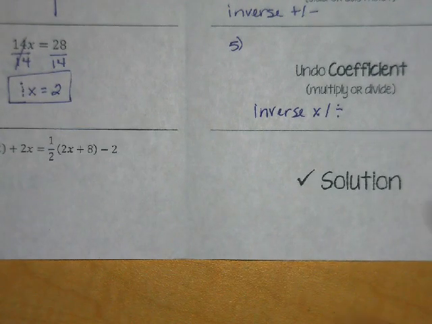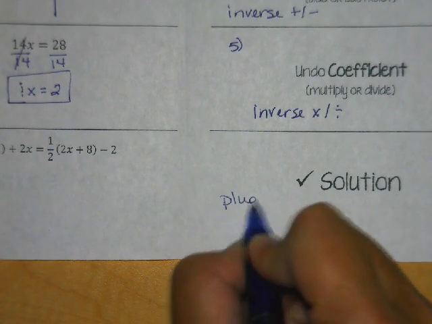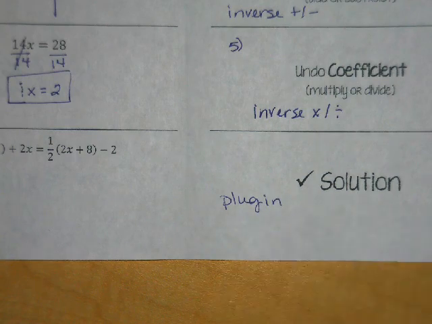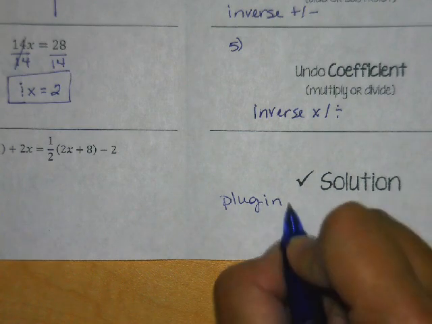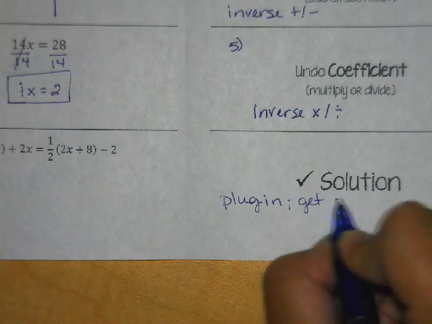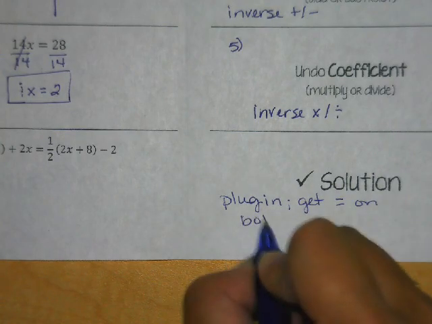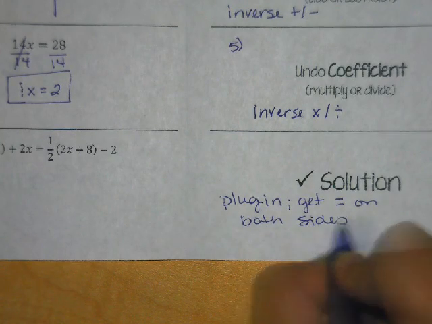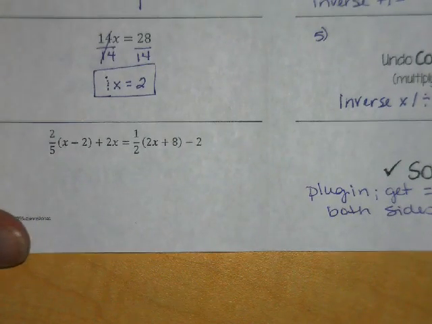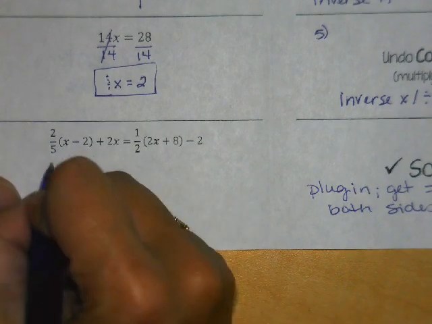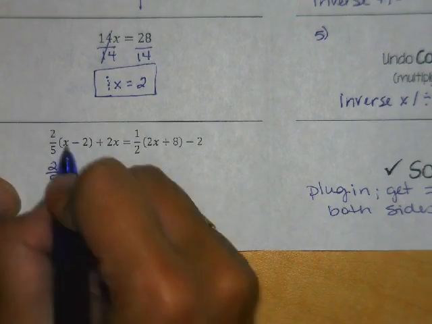Okay, and that requires you to plug in. All right, and we want to get equal on both sides. So, again, in class, we'll have a calculator, so you can do that. Plug it in where you see the variable.